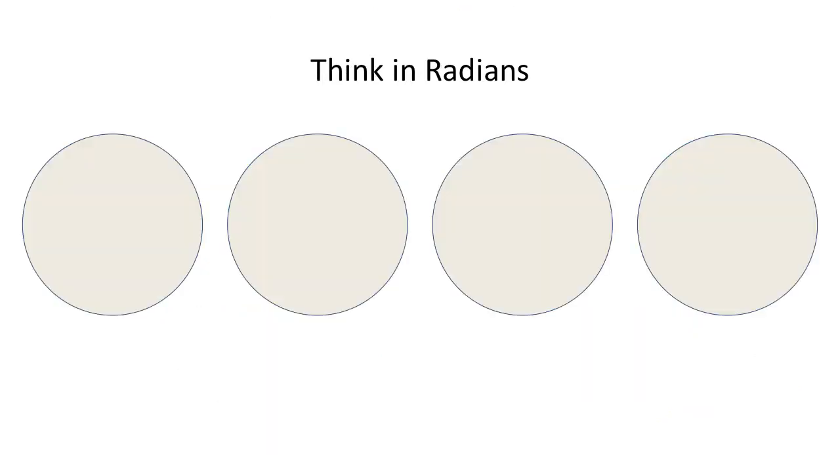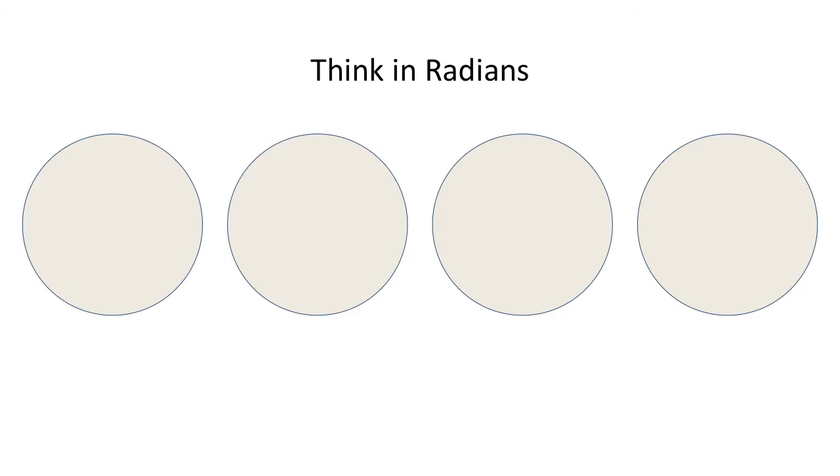Okay, so the next thing that's really important that I want to talk about is thinking in radians, because you spent your whole life thinking of angles in degree measure, and now I need you to think in a different language. In the same way that it's really inefficient to speak another language by translating constantly in your head, you want to ultimately get to a place where you can think in that language and then you can have a fluid conversation with someone.